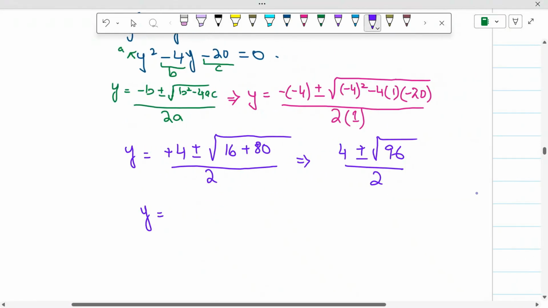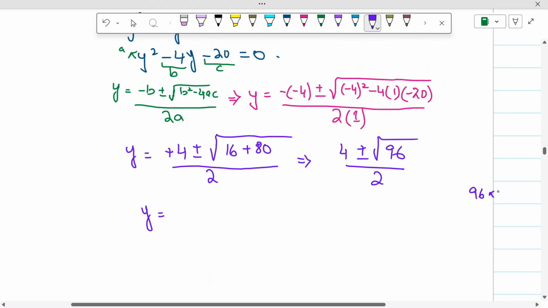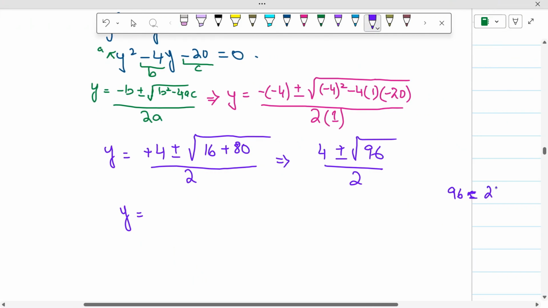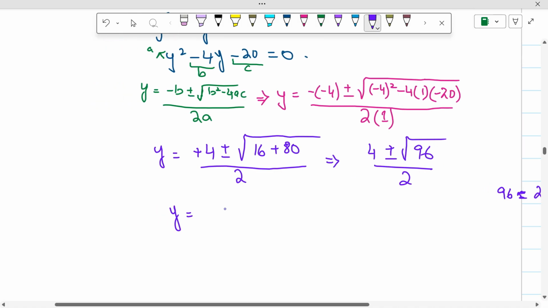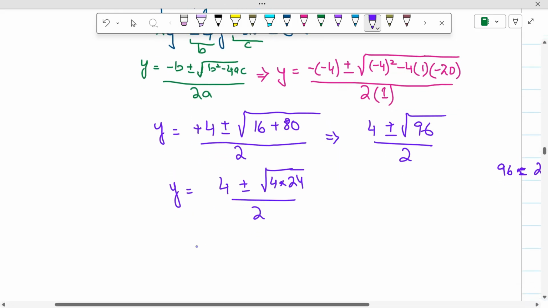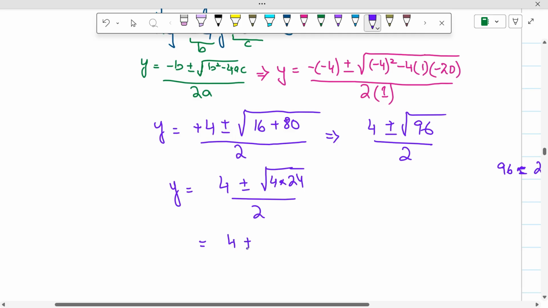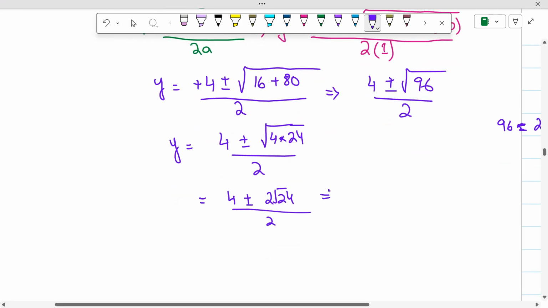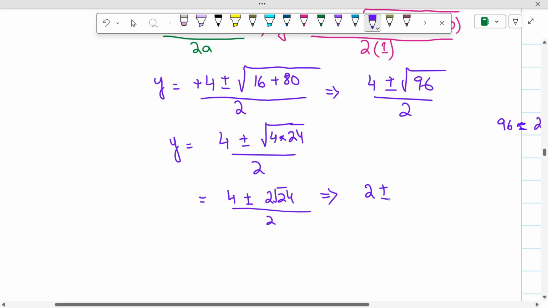I think 96 is equal to 24 times 4, so we can write 4 plus minus the square root of 4 times 24 over 2. This equals 4 plus minus 2 square root of 24 over 2. Solving, we have 2 plus minus the square root of 24.